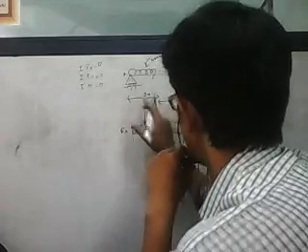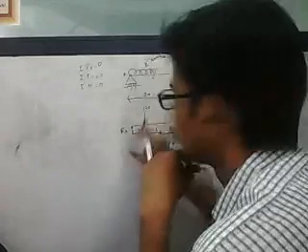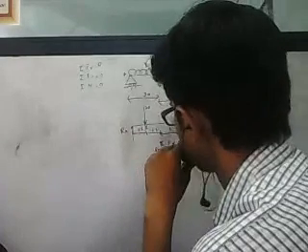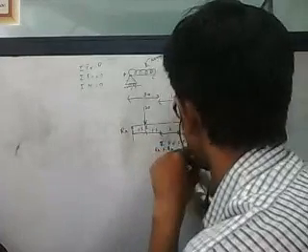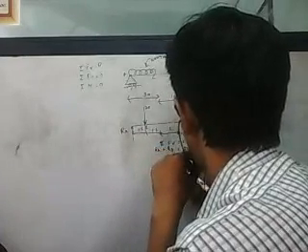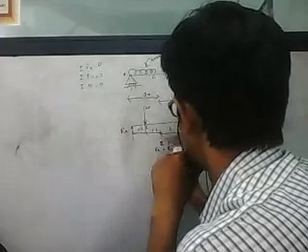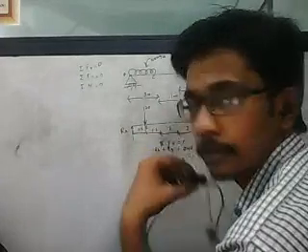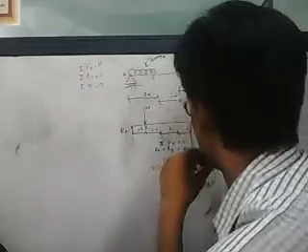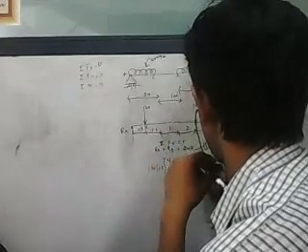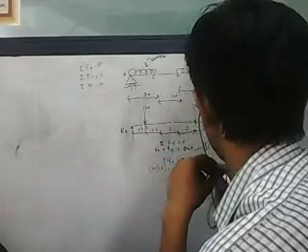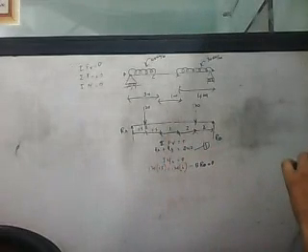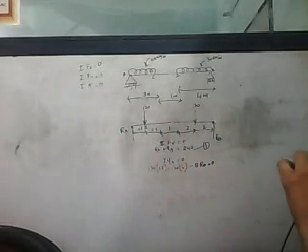Plus, in clockwise direction, 120 into 3 plus 3 is 6. Clear? Okay. And minus 8 RB. Clear? Is there any doubt?